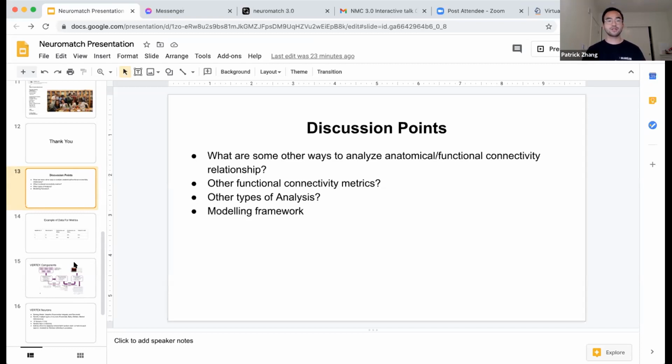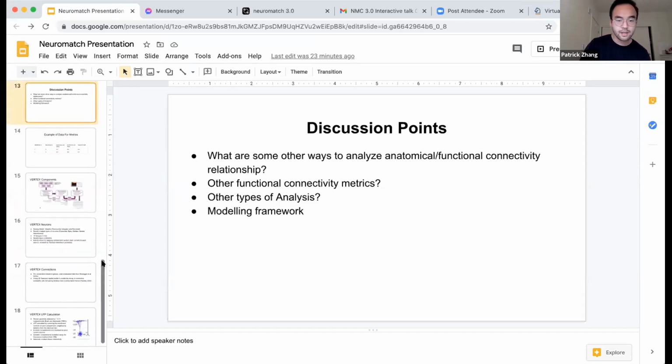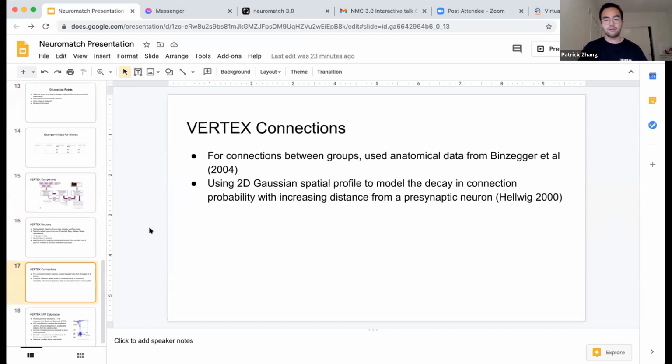And then connections across neurons are calculated. Let's see, I have a slide here. They're calculated by using a 2D Gaussian spatial profile to model decay of connection probability. And they're also calculated per groups of neurons, where certain groups connect to other certain groups and have different parameters for this Gaussian spatial profile.